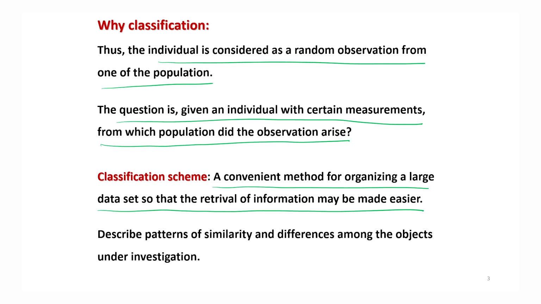And if you try to understand, this classification scheme describes the patterns of similarity and differences among the objects under investigation. By the scores in the mathematics and biology subjects, you are trying to understand how similar the new observation is to the students who have a mathematical background or the students who have a biological background.